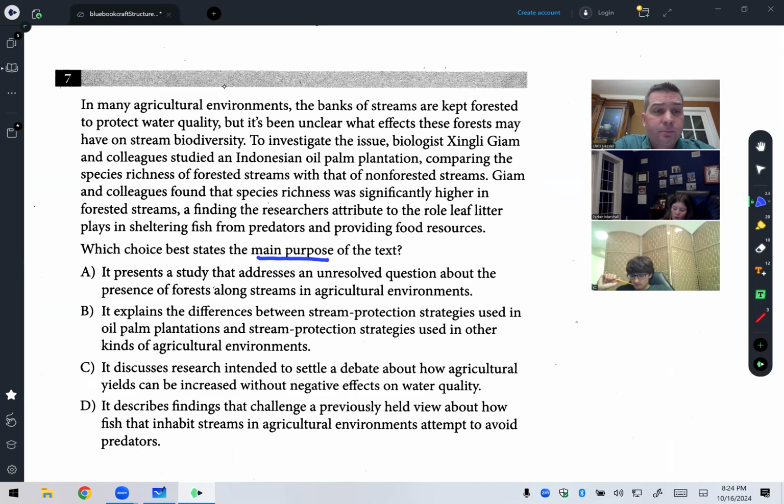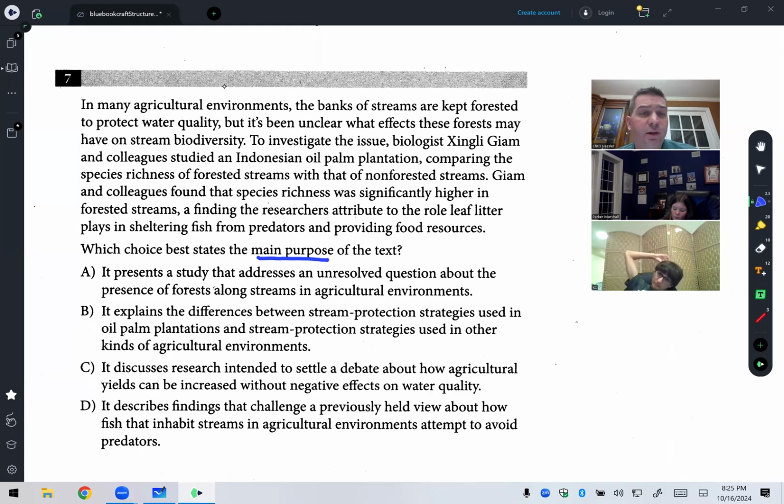All right. In many agricultural environments, the banks of streams are kept forested to protect water quality, but it's been unclear what effects these forests may have on stream biodiversity. Okay, to investigate the issue, biologist Jingli Giam and colleagues studied an Indonesian oil palm plantation, comparing the species richness of forested streams with that of non-forested streams.